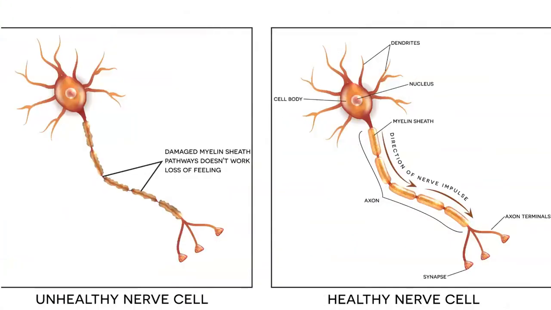Diabetic peripheral neuropathy leads to numbness and sometimes pain and weakness in the feet and legs. People with diabetes can develop nerve problems at any time, but the longer a person has diabetes, the greater the risk. Peripheral neuropathy is more common in people who have had problems controlling their blood glucose levels.